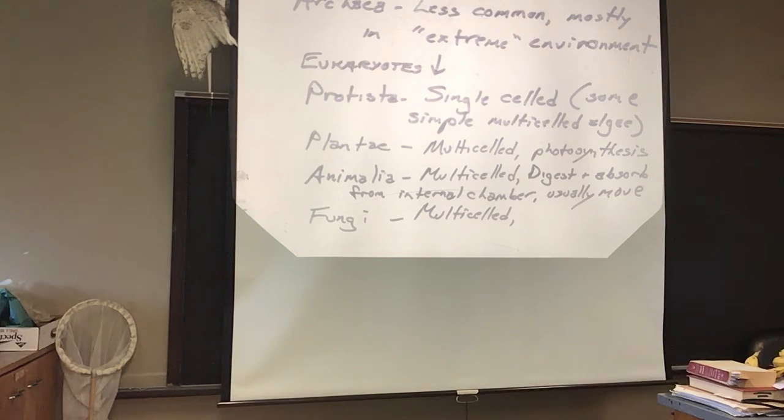So I've got usually move up there. Animals have internal chambers that are digestive chambers. So they take food in, they break it down, they absorb it across those surfaces. Funguses, I'm going to put that so I don't have to write digest and absorb again. Across the outer surface.